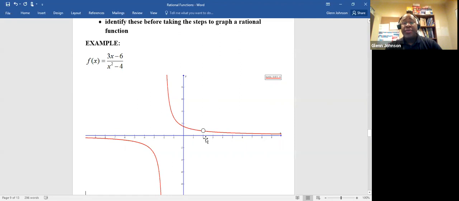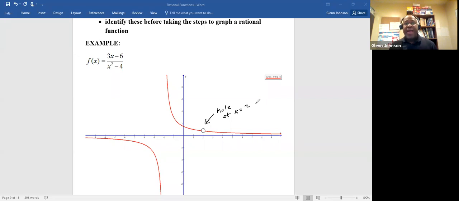But then note here at positive 2, what we have is a hole in the graph. And that hole corresponds to where we had that common factor of x minus 2 when it canceled out.